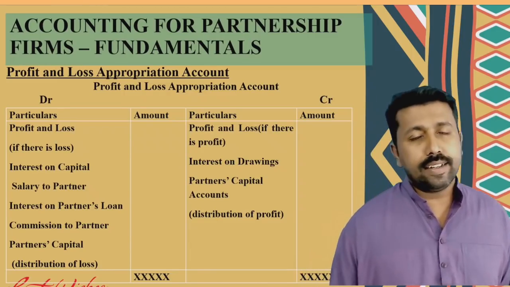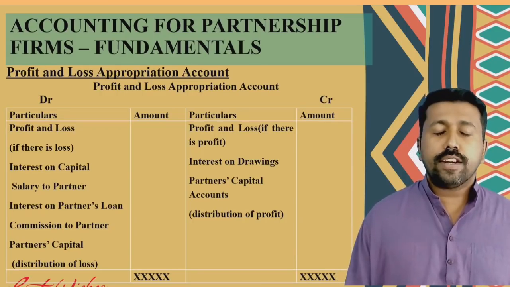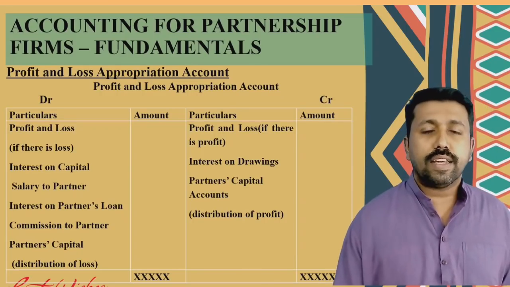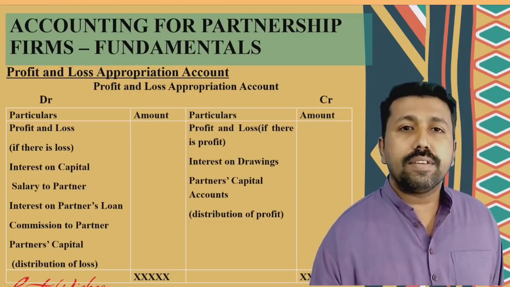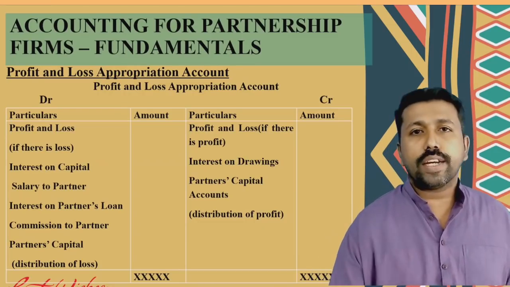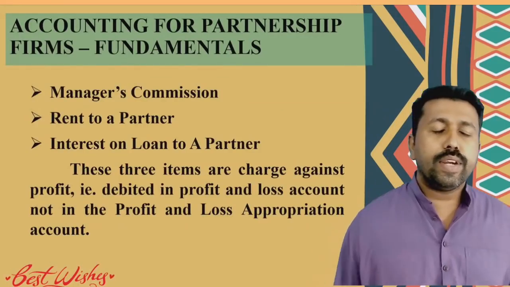But in the credit side, we will transfer the share of net profit and also the interest on drawings charged, meaning collected, from the partners. So the net effect, meaning the difference amount, will be shared into their capital accounts. So to appropriate the profit, we are preparing it.